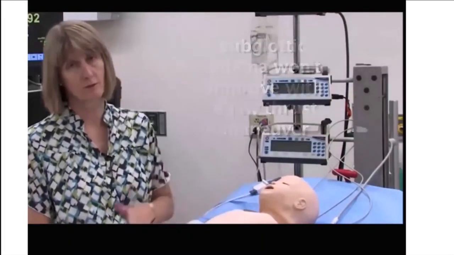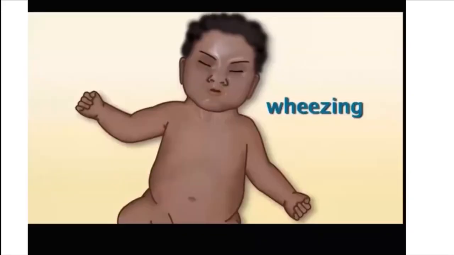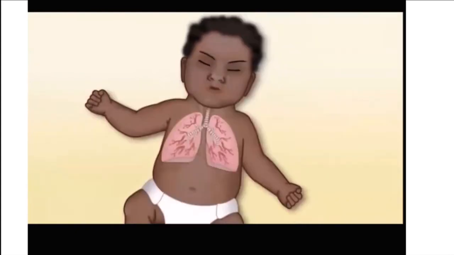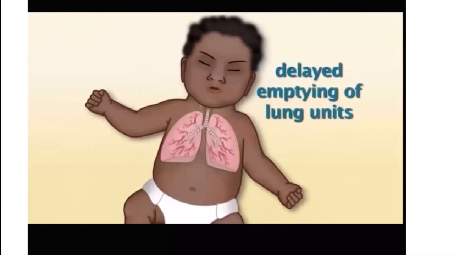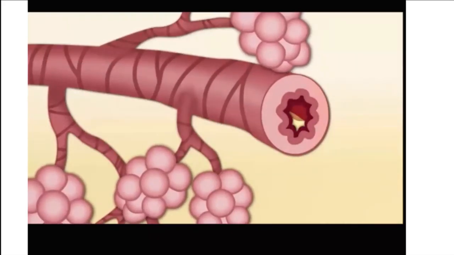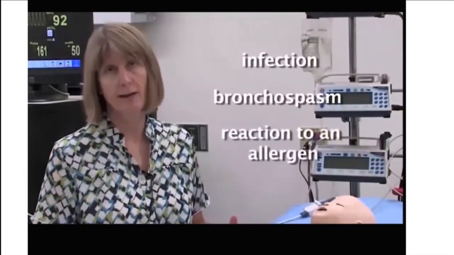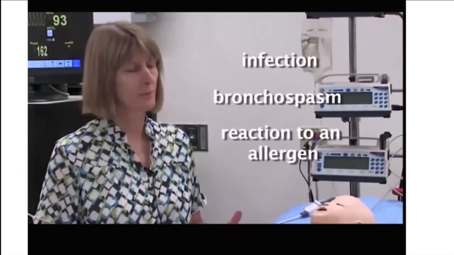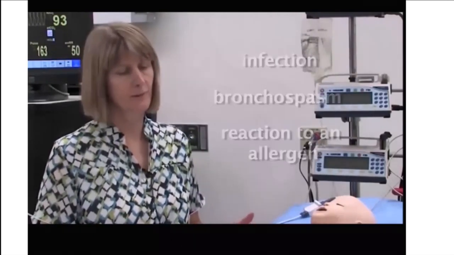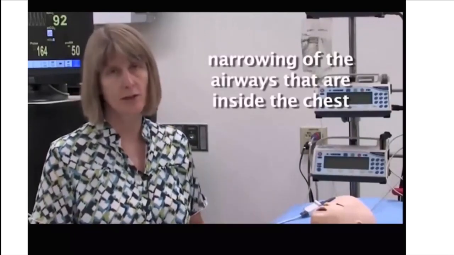Lower airway obstruction is characterized by wheezing, which can sometimes be heard without a stethoscope, but is more characteristically heard on auscultation. With lower airway obstruction, you have delayed emptying of lung units, typically from high resistance in the lower airways, which may be caused by infection, bronchospasm, a reaction to an allergen or some other type of hypersensitivity reaction that leads to narrowing of the airways that are inside the chest as opposed to outside the chest.